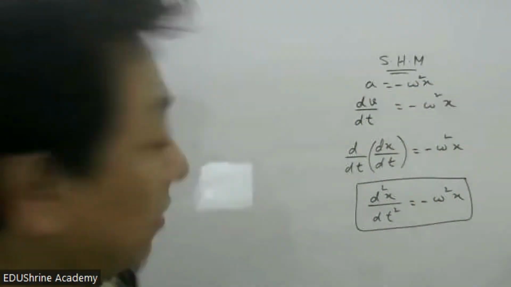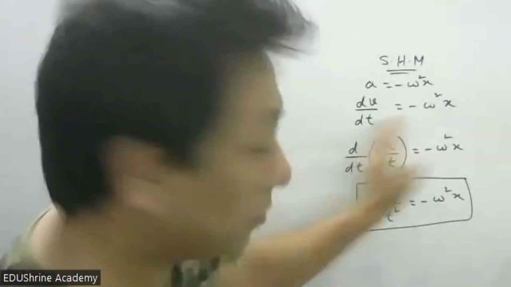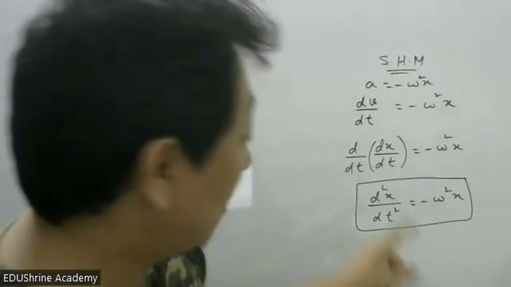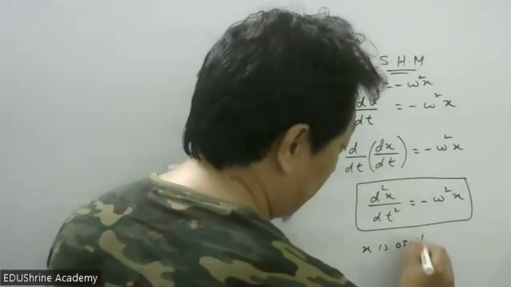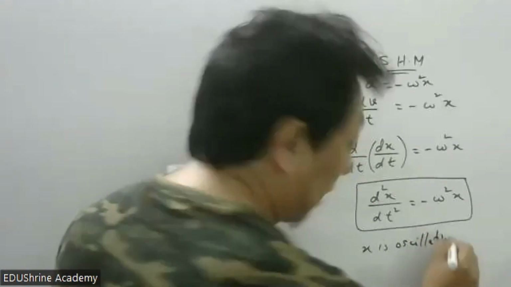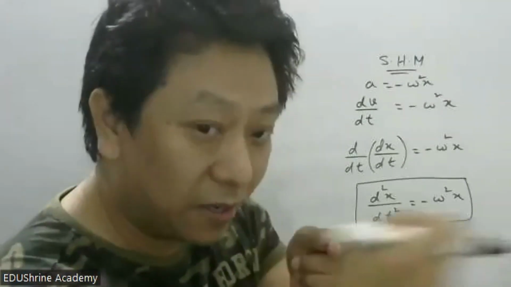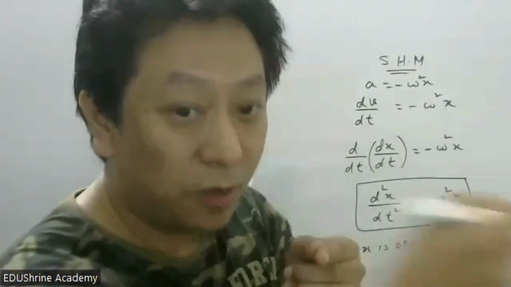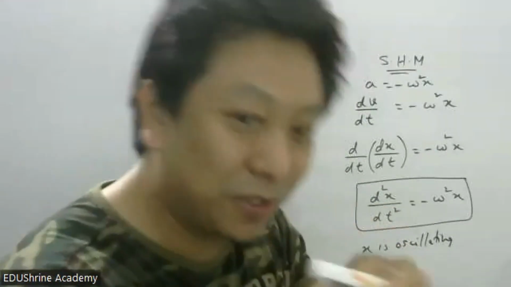Okay, so now understand one thing. Whenever your x will have this kind of equation, it means your x is oscillating. This x is the displacement of the particle from mean position. So that displacement is oscillating from 0 to amplitude, amplitude to 0, 0 to minus amplitude to 0, right?